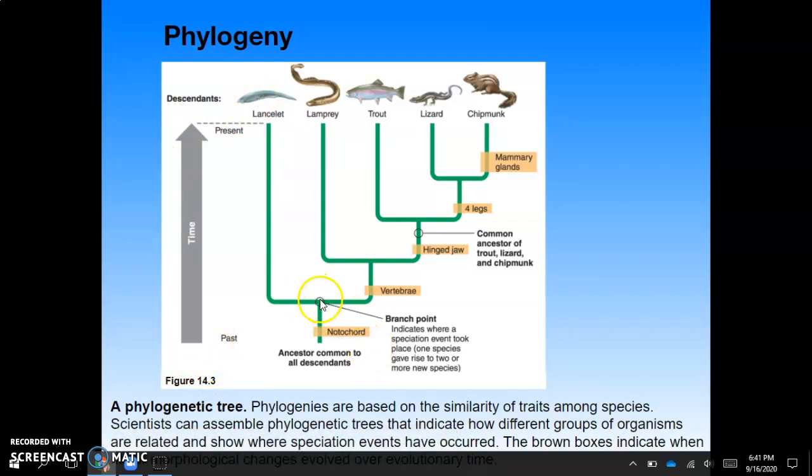And everywhere we see this tick mark on one of these branches, it just shows the development of a new evolutionary trait. So here's our notochord, then our vertebrae, our hinge jaw, 4 legs, and then mammary glands. So our lancelet would be our kind of less evolutionarily advanced, and then our chipmunk would be the most because the chipmunk has all of these things.